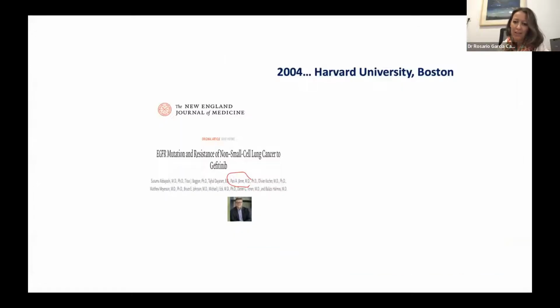So for me, EGFR is a very special history. I had the great opportunity to be in Boston, at Harvard in 2004 as a young investigator. I was finishing my residency, and there was also Dr. Pasi Jänne as a young investigator.